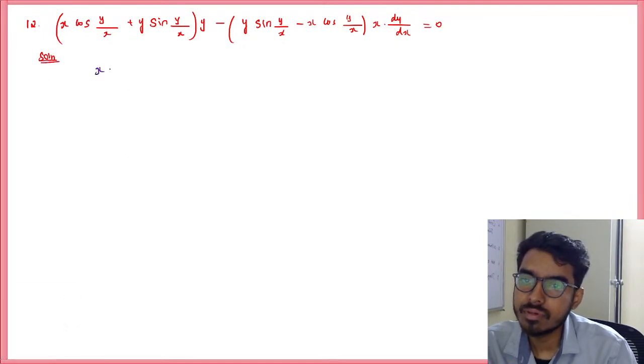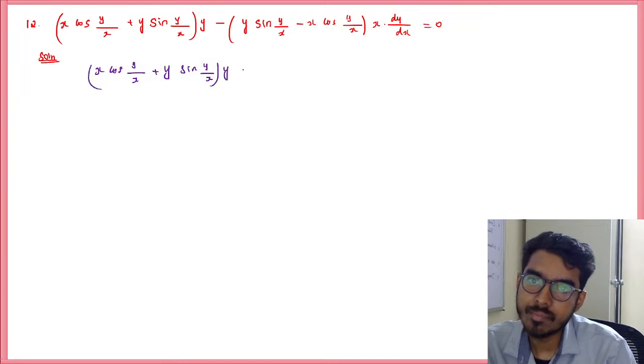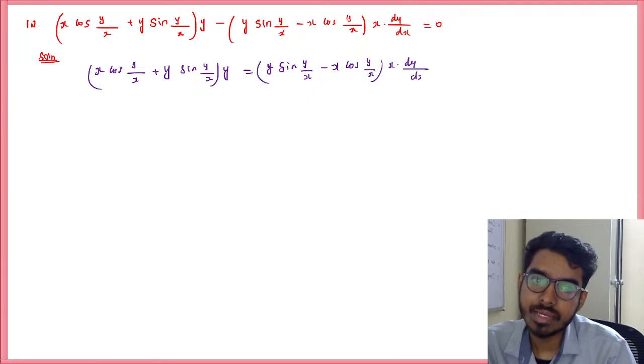So we will have x into cos y by x plus y into sin y by x, into y, is equal to, let us take this term that side, y into sin y by x minus x into cos y by x, into x, into dy by dx.